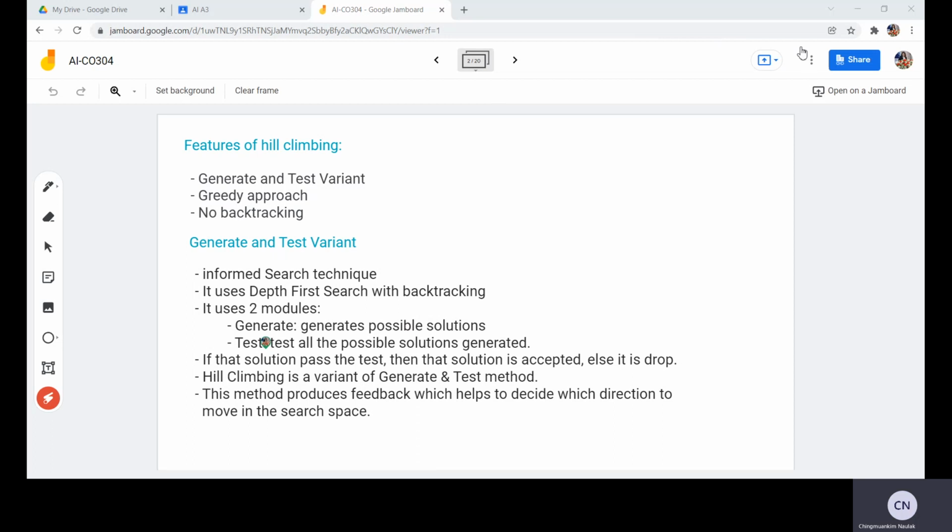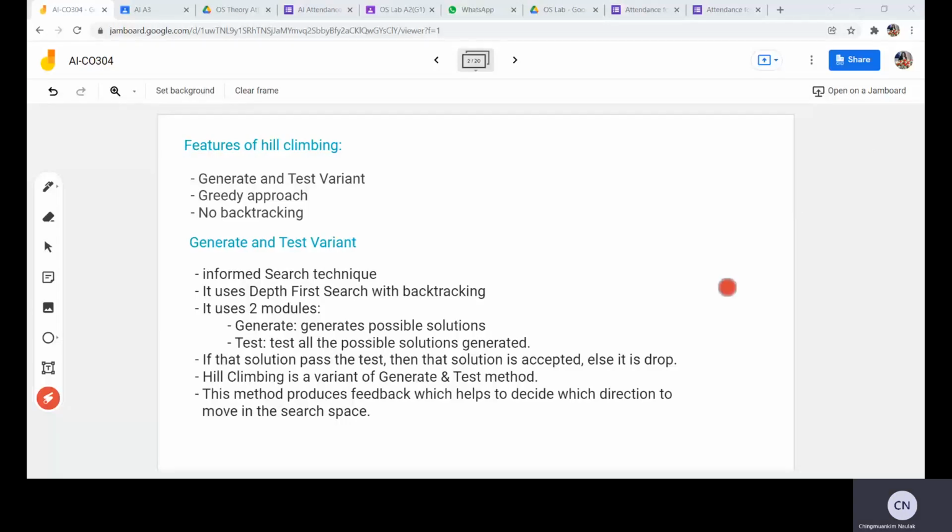So what are these two modules doing? The generate module generates all the possible solutions, and the test module tests all the possible solutions that are generated.